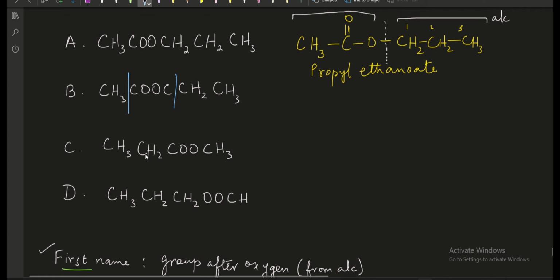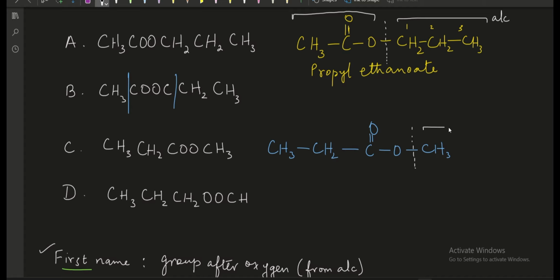Next one is CH3CH2, CH3, CH2, then COO, and then CH3. Now the part that comes after oxygen comes from the alcohol.